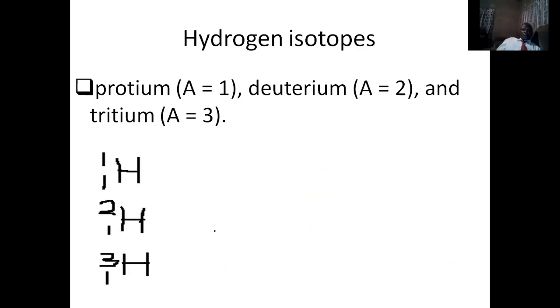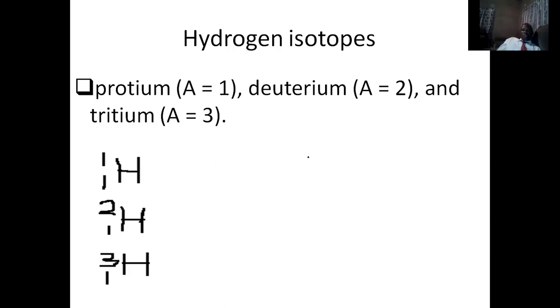Similarly, finally, you see here protium, which is hydrogen with the atomic mass of 1, and the deuterium, which is another hydrogen with the atomic mass of 2, and the tritium, which is another hydrogen with the atomic mass of 3.